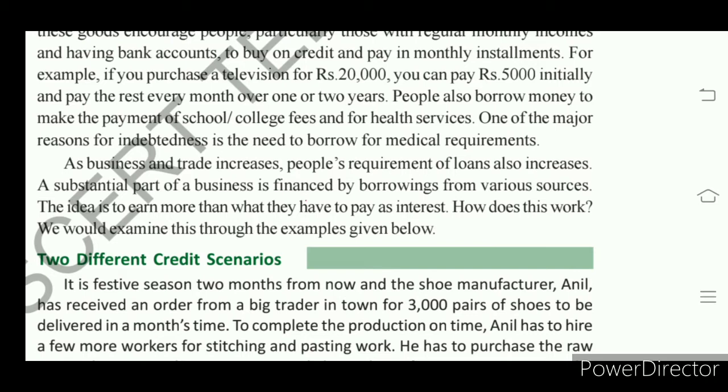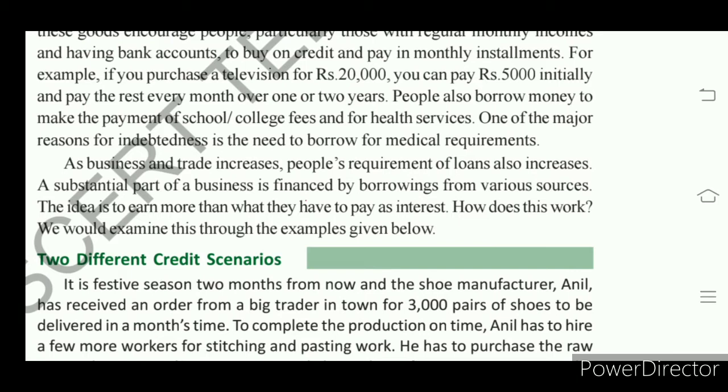So people's requirement for loans also increases with the increase in trade and business. A substantial part of business is financed by borrowings from various sources.